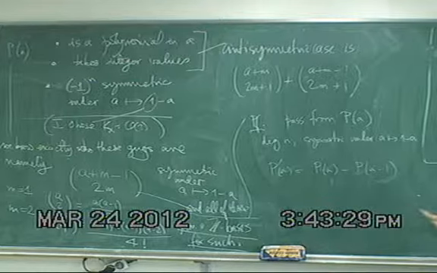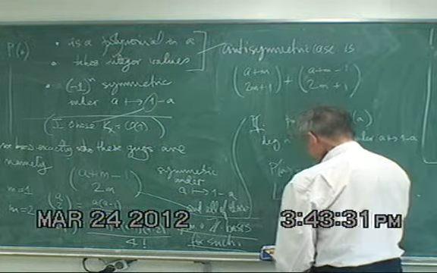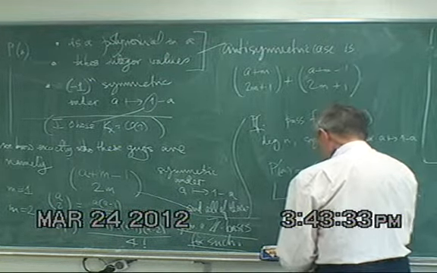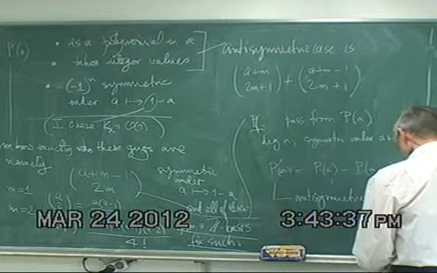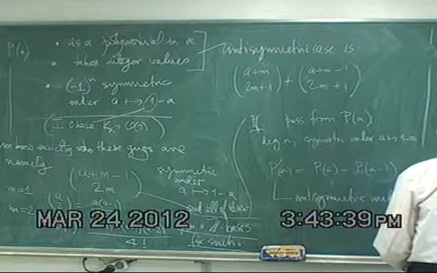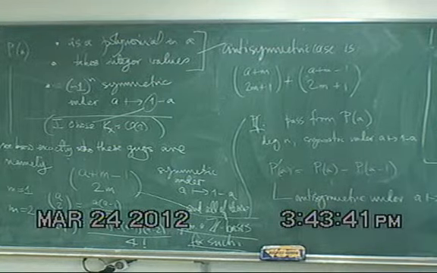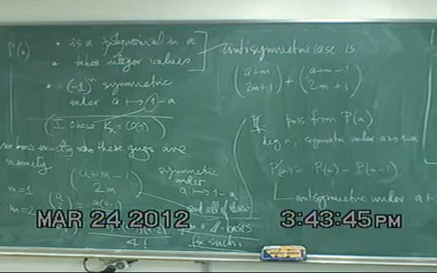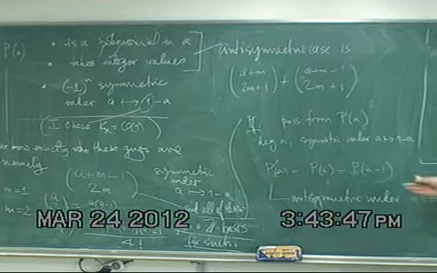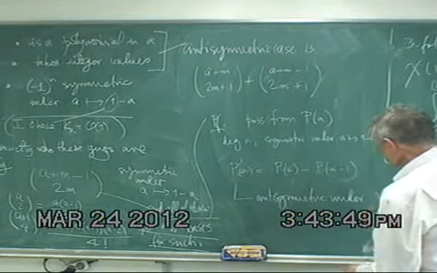Then this is antisymmetric under A goes to 2 minus A. And I just go down through; it's just an induction on dimension, and of course this is a polynomial of smaller degree.